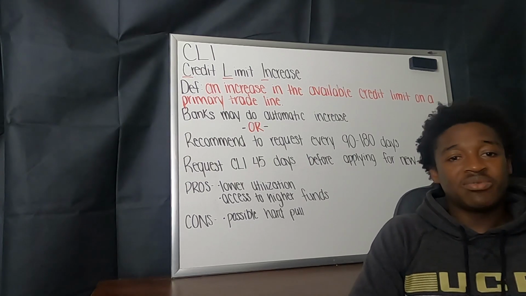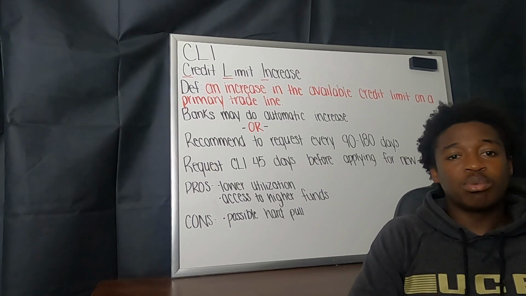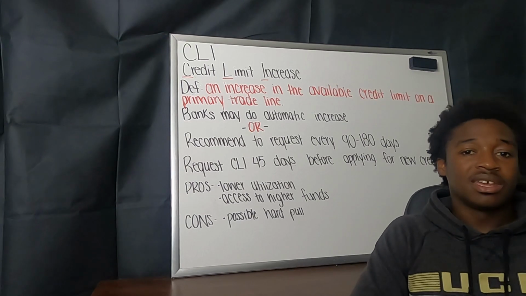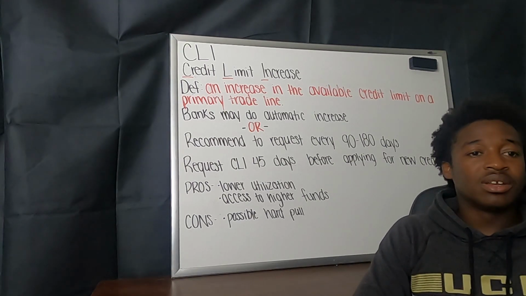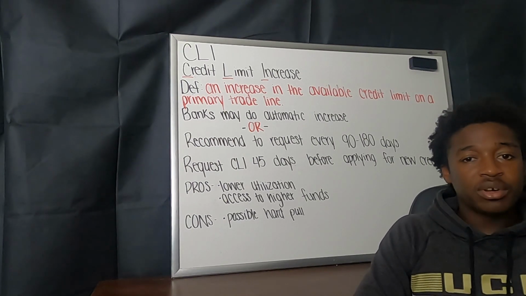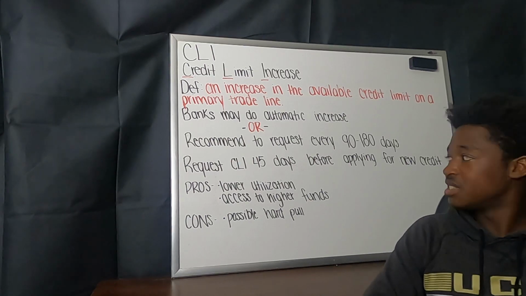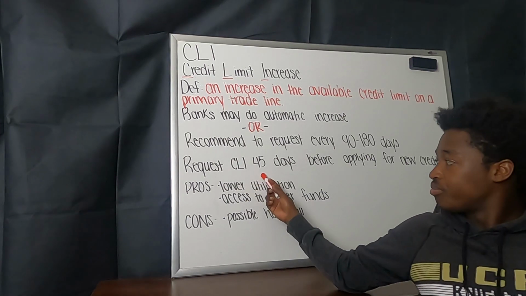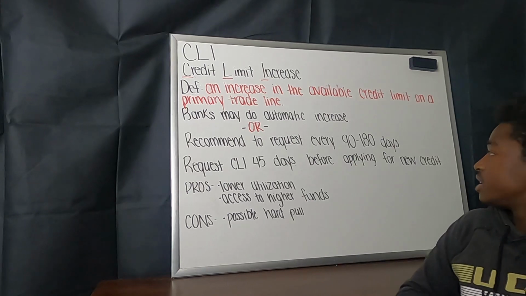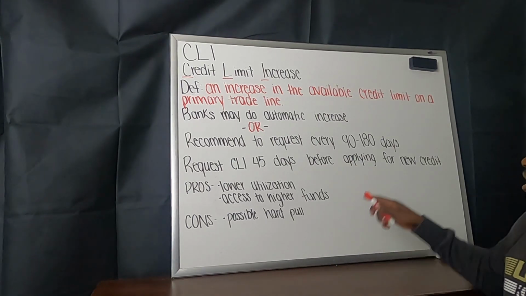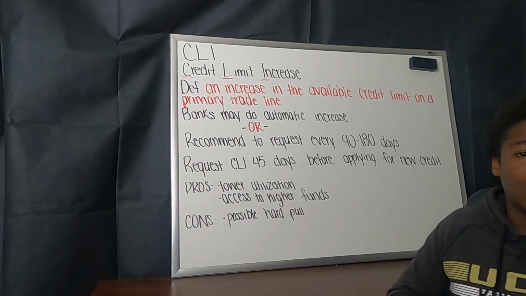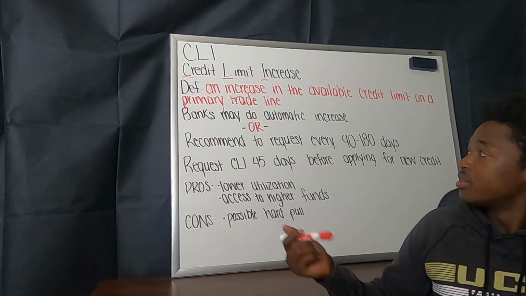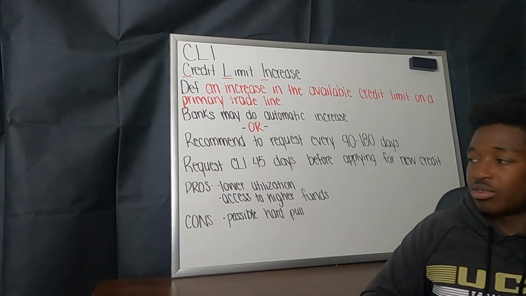So I say give it time to show on your report. Depending on your bank, it may take longer for your new limit to report. So that's why I say to stay in the safe zone, 30 to 45 days before you're applying for new credit. At least I would make sure that you're doing your credit limit increases then.